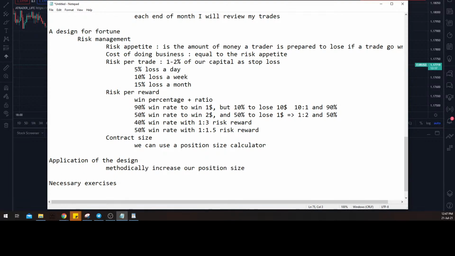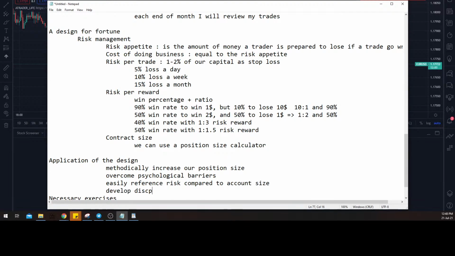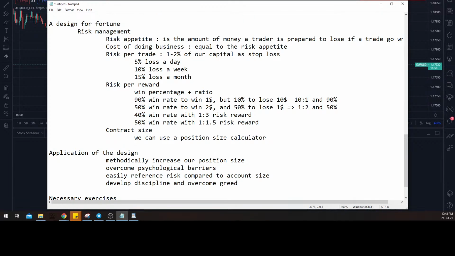At the same time, we are going to overcome psychological barriers, easily reference risk compared to account size, develop discipline and overcome greed, and easily recognize goals.